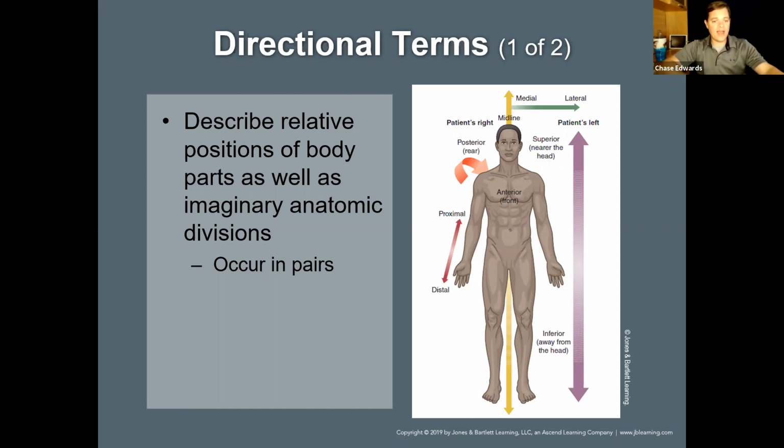And then you have anterior and posterior. Anterior refers to the belly side of the body, the front side of the body. It's also called ventral, but you'll hear anterior most of the time. A lot of times you'll talk about that when we're talking about descriptions.